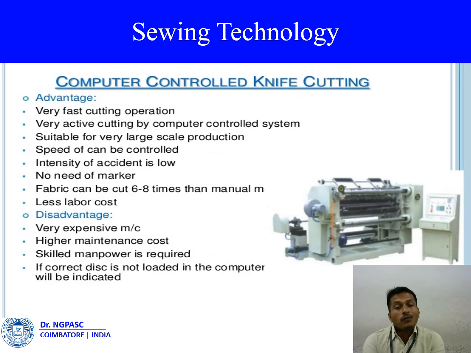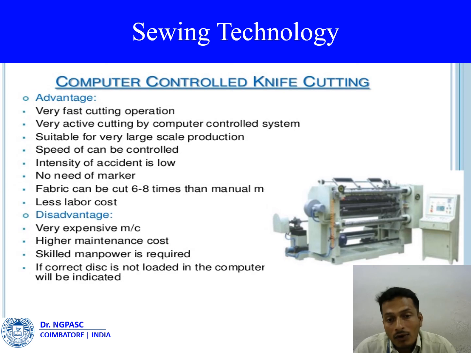Next one is advantages and disadvantages of computerized control cutting machines. It is a very fast method, very accurate cutting by computer control cutting machine, suitable for very large scale production. Speed can be controlled and there is no need to mark anything. The fabric can be cut 6 to 8 times faster than manual, with less labor cost.